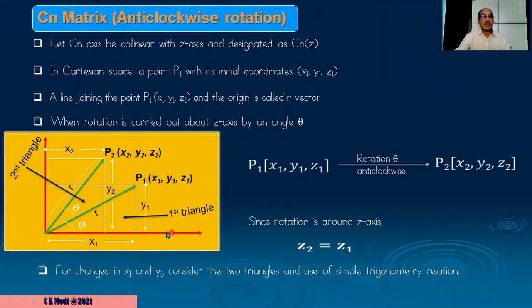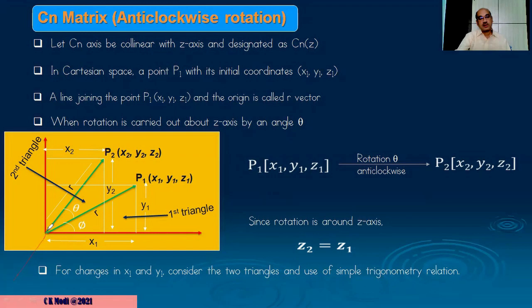Let the Cn axis be collinear with the Z axis. So this is the Y axis and this is the X axis, the red line indicates the X axis, this is the Y axis, and Z is out of plane. Now the C2 axis is situated on the Z axis. So the Cn axis is collinear with the Z axis.